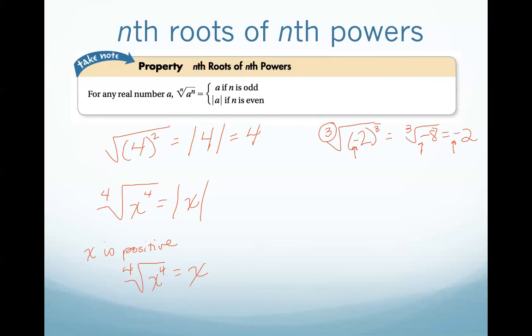If I have the cube root of 4 to the third power, that's the cube root of 64, which will be 4. Whatever sign the number had will stay the whole time when I'm working with odd indexes. So just like before when we were looking at our odd indices, the odd indexes are a little bit easier to use. When we're looking at even indices, we have to be careful.